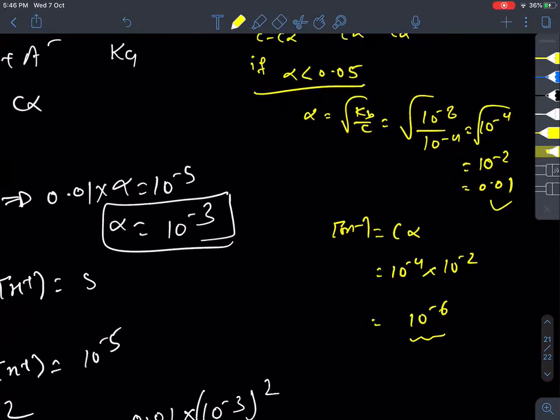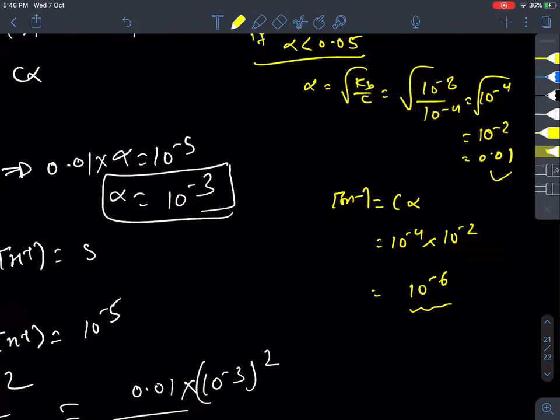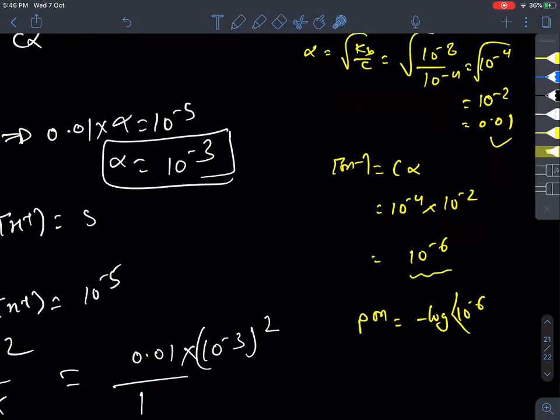Very close to water. Very, very close to water, because for pure water we used to get 10 to the power minus 7, if you remember, at 25 degrees. Very close to water, but still at least 10 times greater than that. So approximately we can take this, but it will not lead us to a very accurate answer, because even if you simply write pOH as minus log 10 to the power minus 6, it will not be very true, because the concentration of OH minus is this along with 10 to the power minus 7.